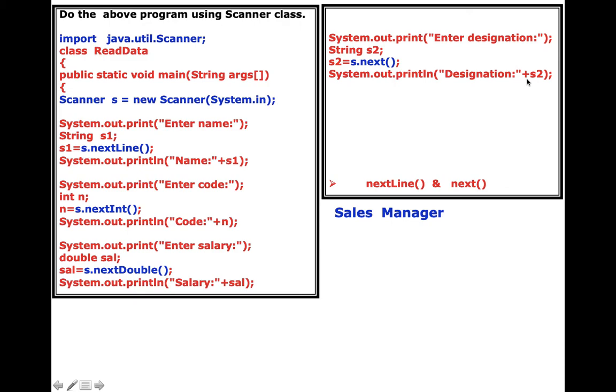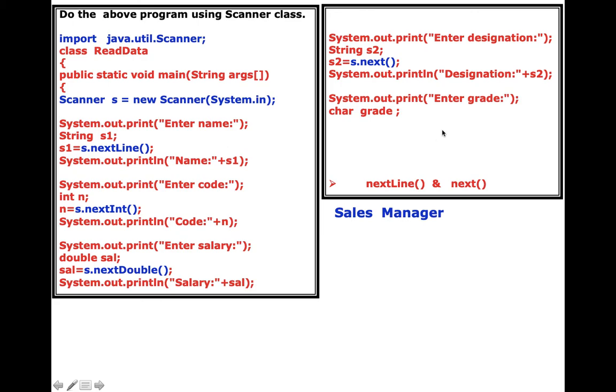Now let's move further and read a character. So I will say enter grade. Now grade is of data type char, so char grade. And now I need to write a statement to read a character. As I have been telling you, Java is quite weird. In fact, a simple task like character reading is also difficult, more difficult than reading other things.